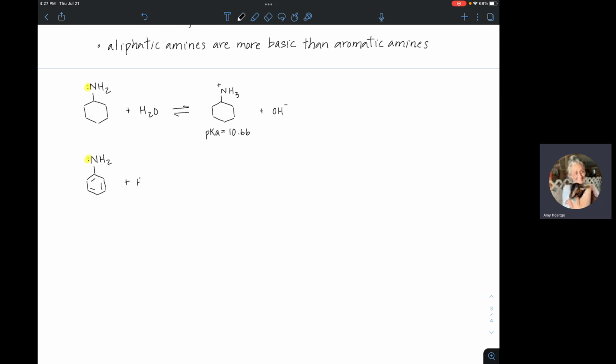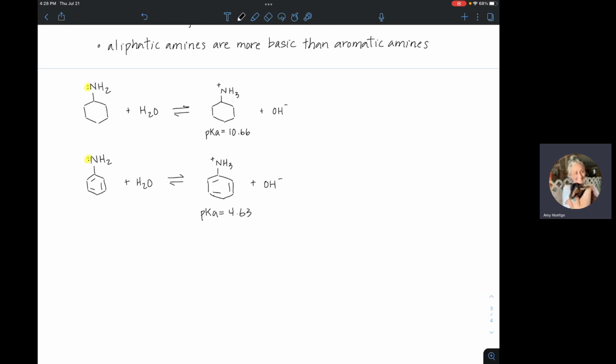Down here, we're going to use aniline as a base, or we're going to try. And if we did, we'd protonate the nitrogen, right? Because you're using the lone pair of electrons to attack a hydrogen off of the water molecule. The pKa for this is just under 5.